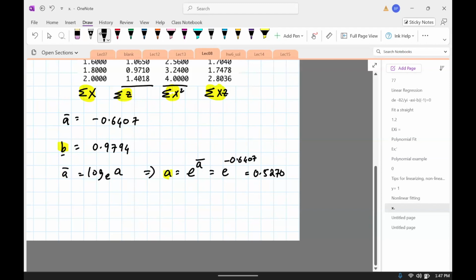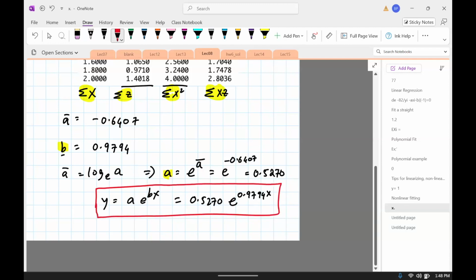So our fit is y equals a e raised to bx, which is 0.5270 e raised to 0.9794x. Okay, and then let me just put down the plot.